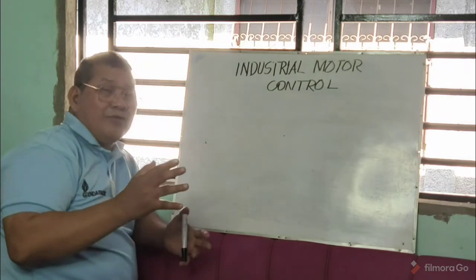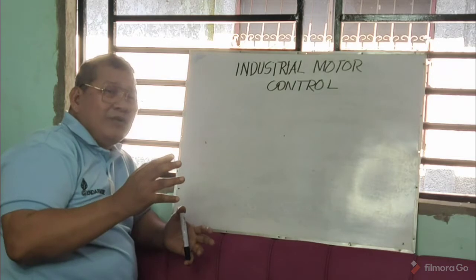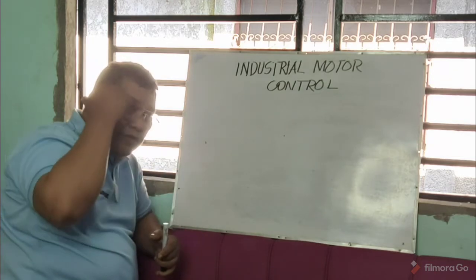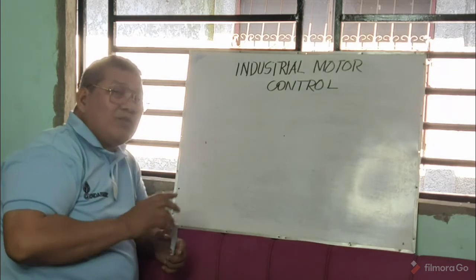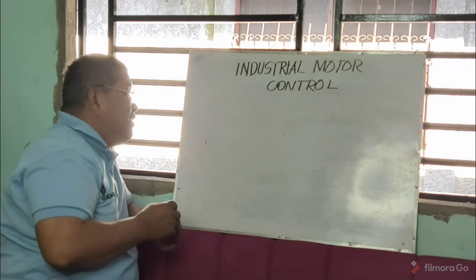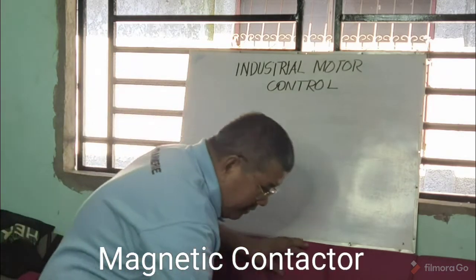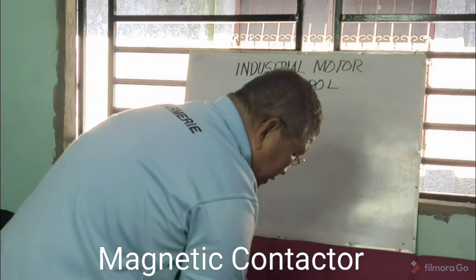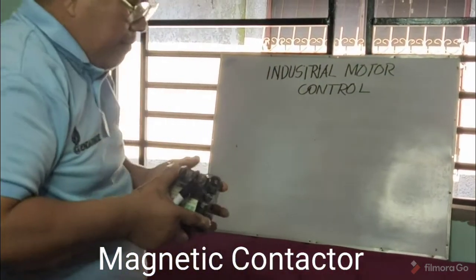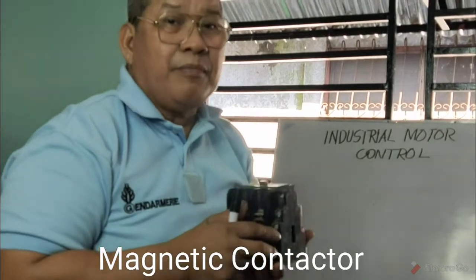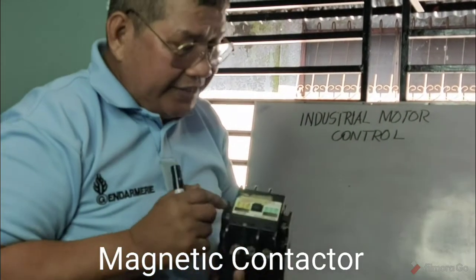So that you will also read. Then, of course, you will not ask a question there, but there are already questions in your mind. Then that will be asked using your messenger. Okay? Now, I have here the magnetic contactor. Remember, magnetic contactor has different brands and different sizes.